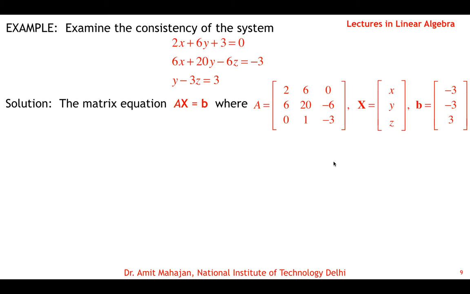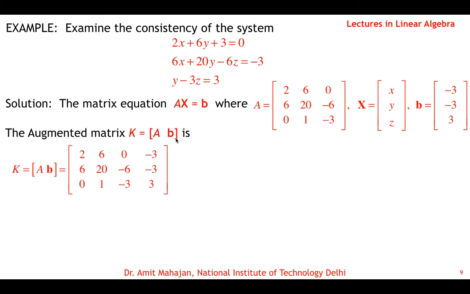Okay, and now again we write the augmented matrix K, which is this A matrix and the last column as B matrix combined together in a single matrix, and then we apply elementary row transformations to reduce it to an equivalent form. At the 1 1 position we have a non-zero element, so it's a leading element.